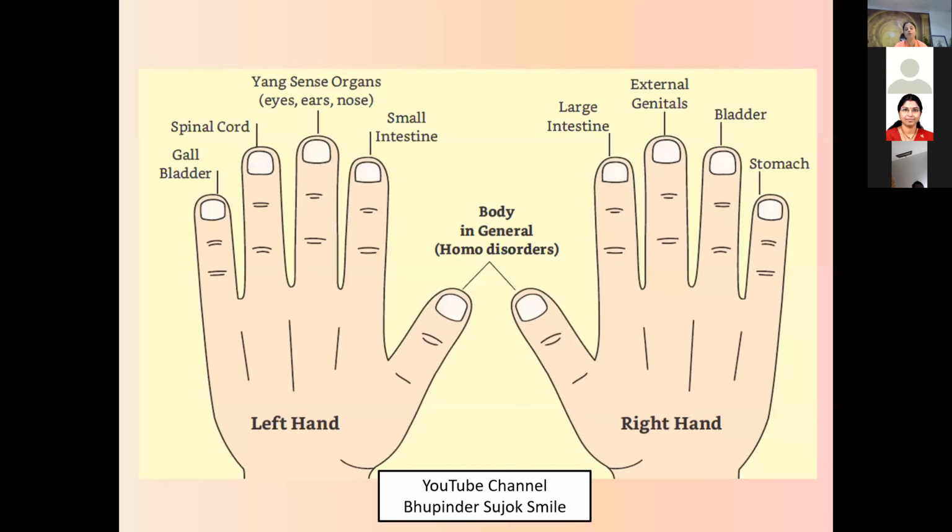If you want to energize your body, we can also treat the thumb. And right hand, large intestine, index finger, external genitals, bladder, and then ring finger nail, and stomach is right hand, little finger nail. So first, let us see all the organs, and then we will discuss the practical part.